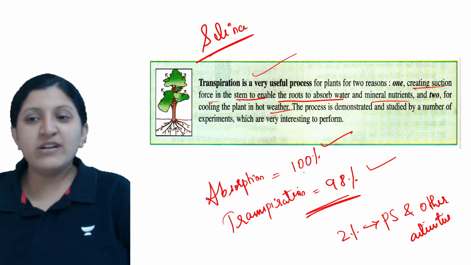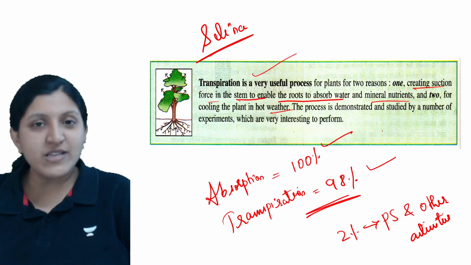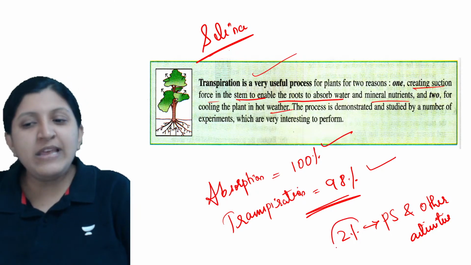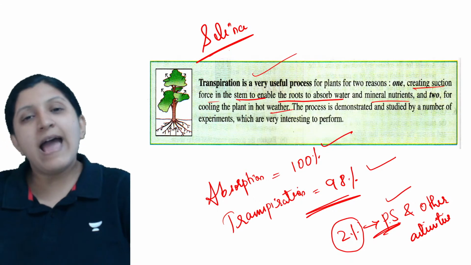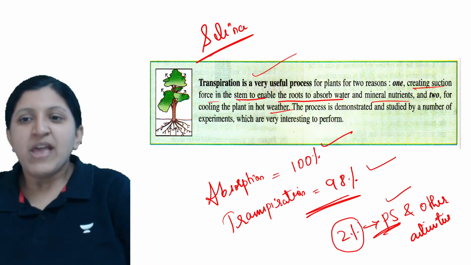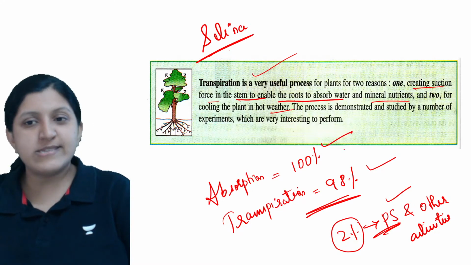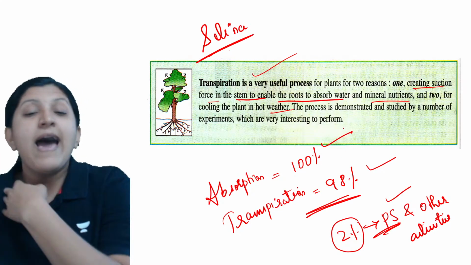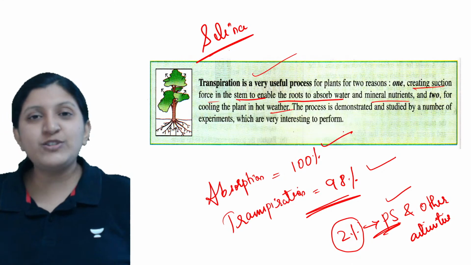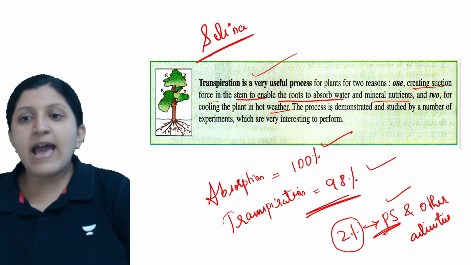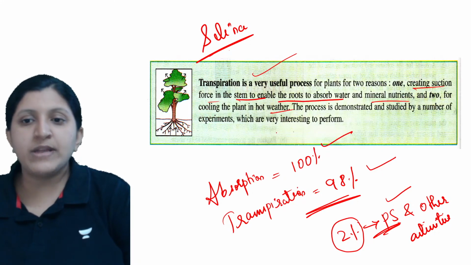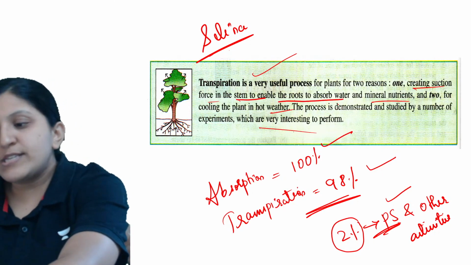Water absorption occurs and transpiration occurs. Only about 2% of water is used for photosynthesis and other activities. So cooling the plant in hot weather is done by transpiration, as water is lost through water vapor, and the process is demonstrated and studied by a number of experiments, which are very interesting to perform.